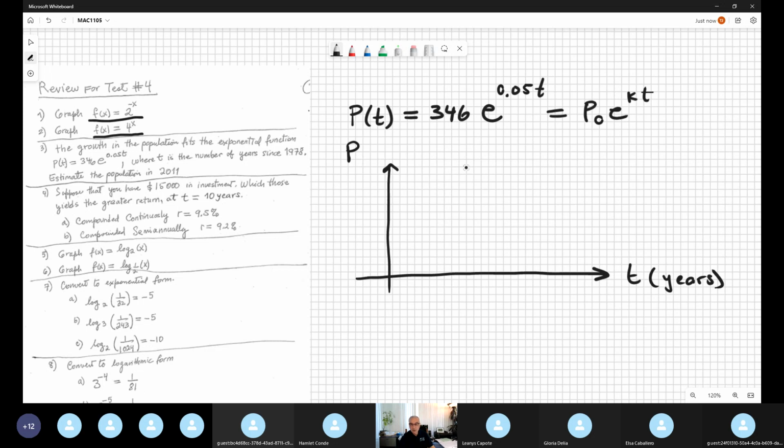You compare, es obvio que P null es 346, and K is 0.05, which, by the way, is positive, that indicates us that this is exponential growth, and at t equals 0, in our hypothetical problem is 1978, at the beginning, the population is 346, and this is the condition 0, no?